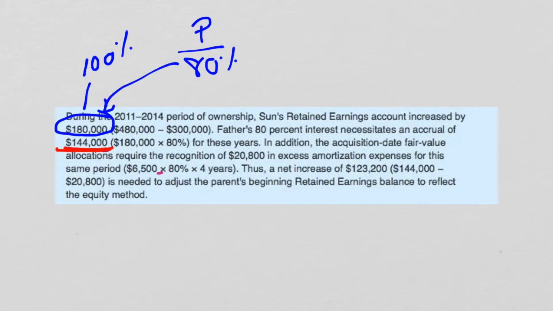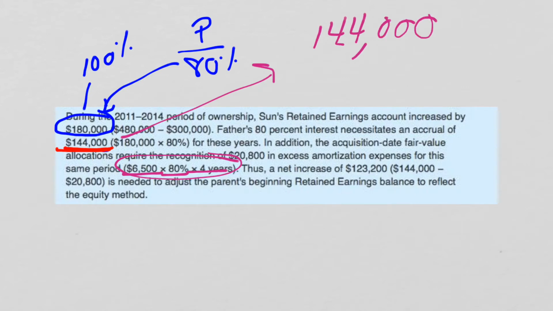Oh man, look how cool this is. $6,500 at 80% for 4 years to give us what the equity method would be by taking this computation, and in this case it's additional depreciation, additional amortization. So you can take your 144, which is your increase in the subsidiary's equity at 80%, and then take the amount that this calculation comes to, which turns out to be 20,800.